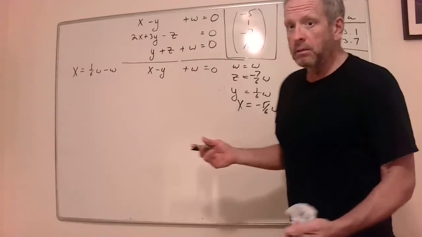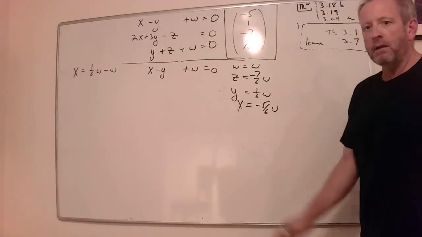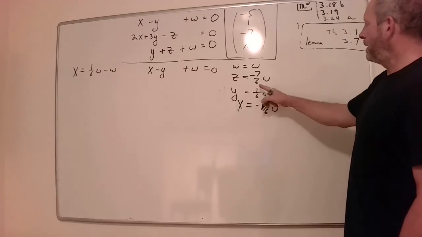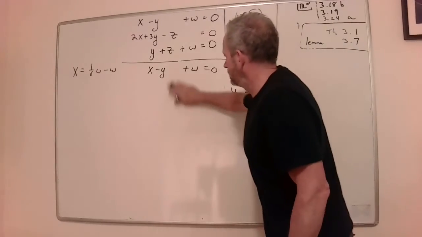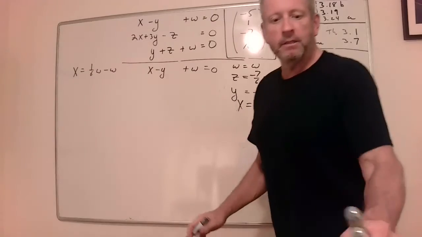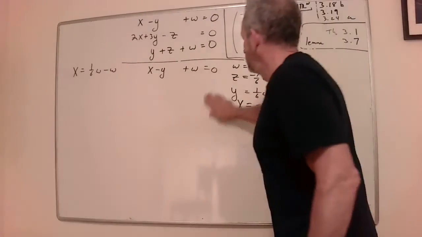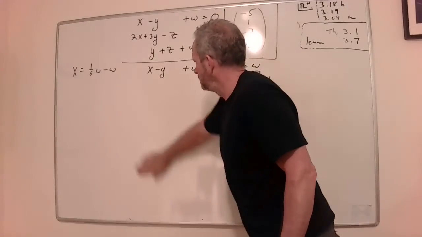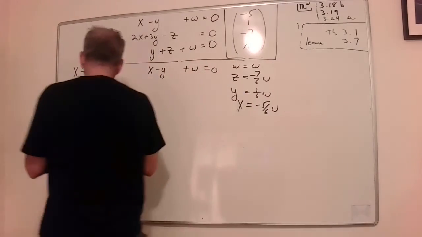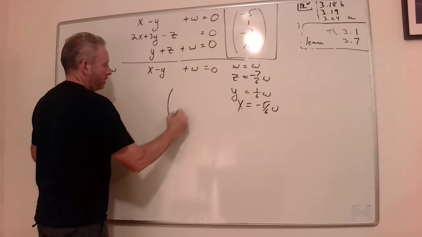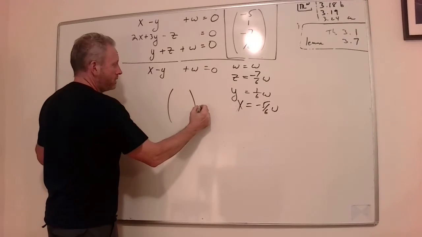Let's go ahead and write the solution then in the manner in which we've been writing it. We have this vector. I kind of want to write it right there, actually. The free variable is w.